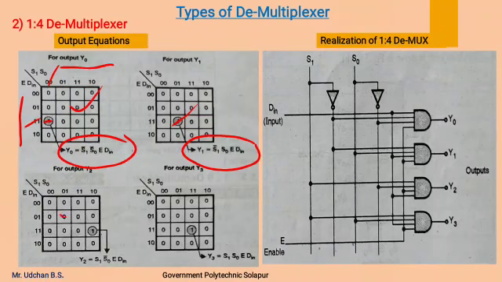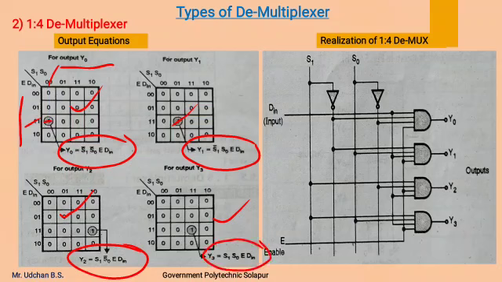In the same way, for Y2, the entries are made over the K-map, and for Y2 we will get the equation as S1 S0 bar E D in, and for Y3 we will get the equation as S1 S0 E D in. From these four output equations we can realize the 1:4 demultiplexer, for which we require 4 AND gates to get the related output terms.